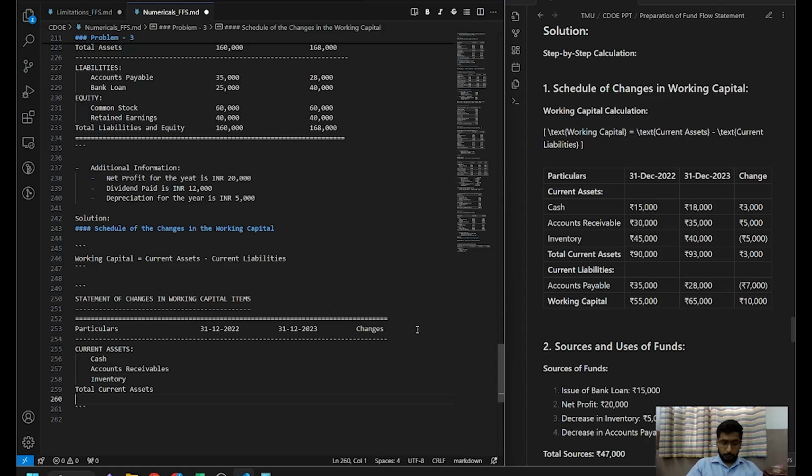Then the current liabilities, in this case, it is only the accounts payable, which will mark the working capital.